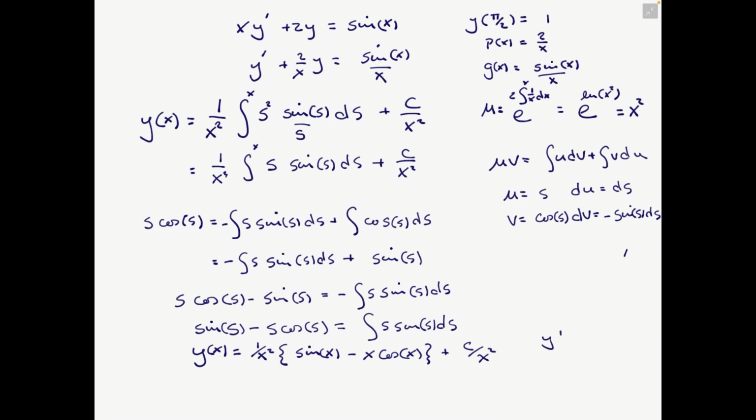And we had an initial condition of y of pi on 2 equals, what was it, 1?